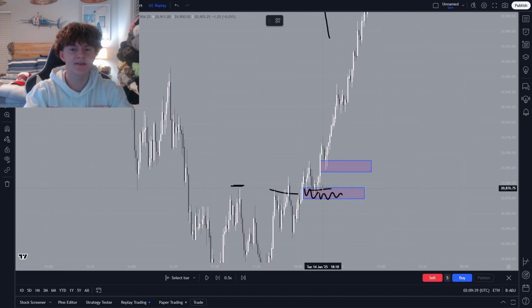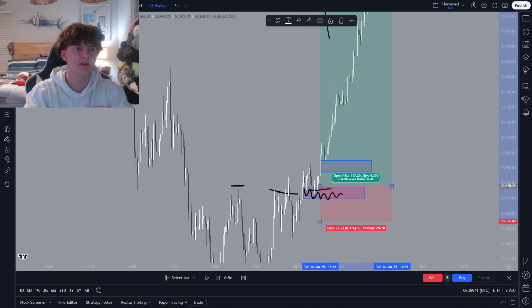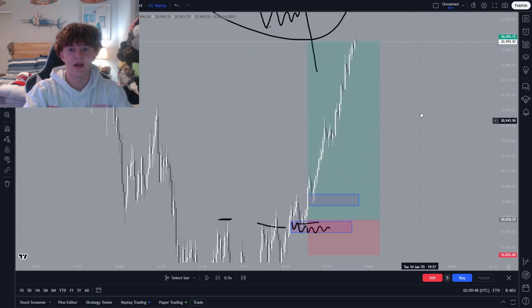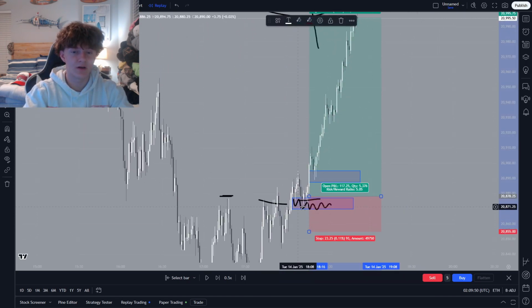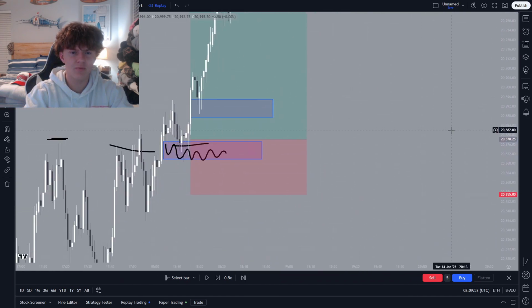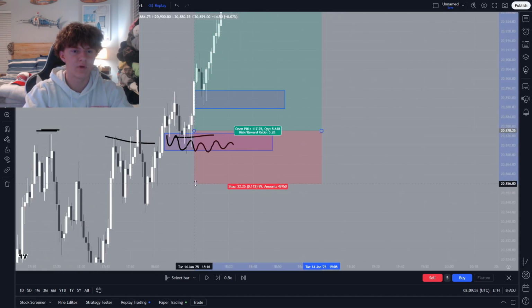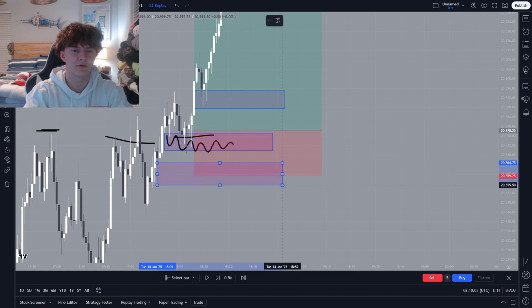So let me tell you where you would place your stops. If you would have gone here, what we would have done was place our stops below these levels. We would have stopped out right in this level right here.